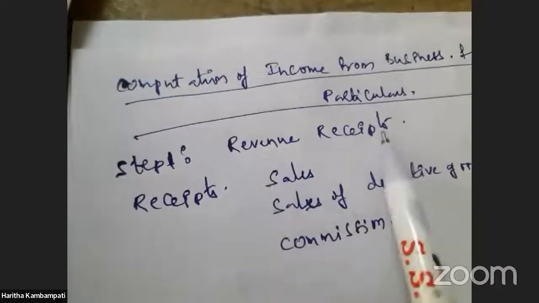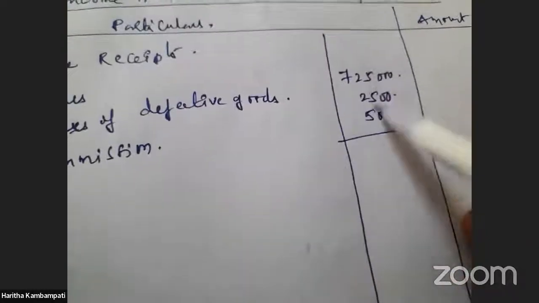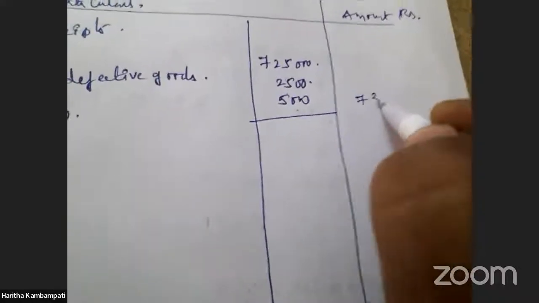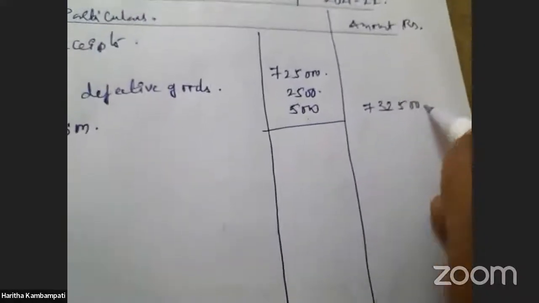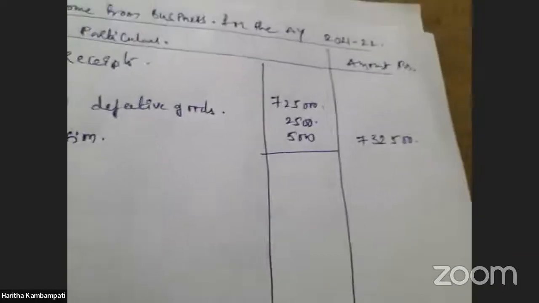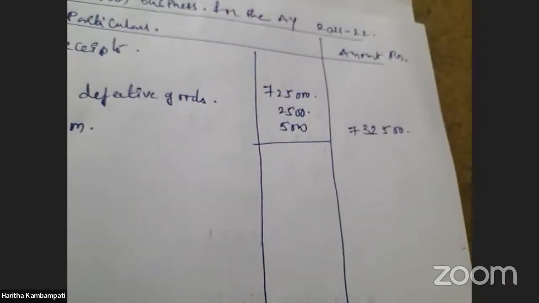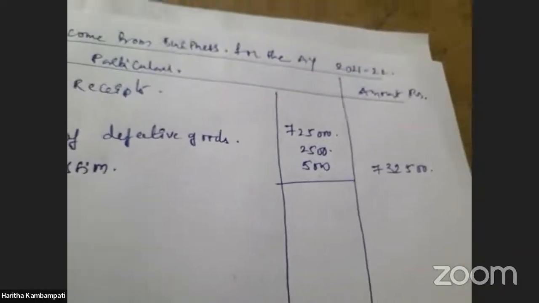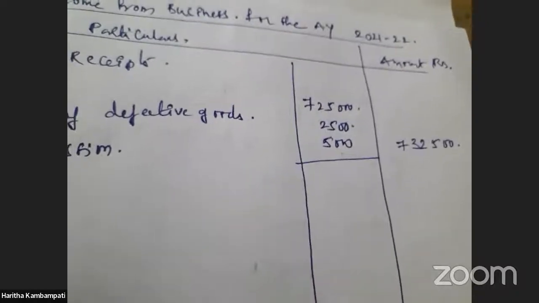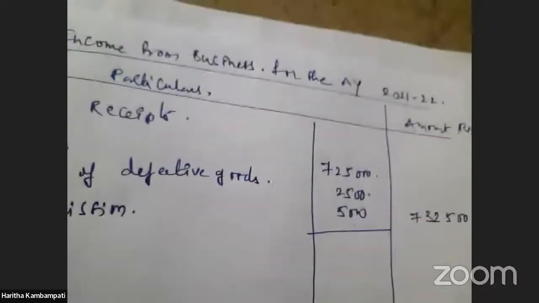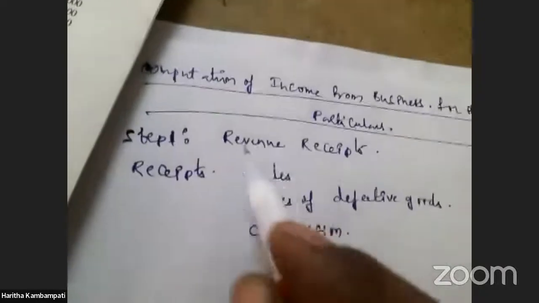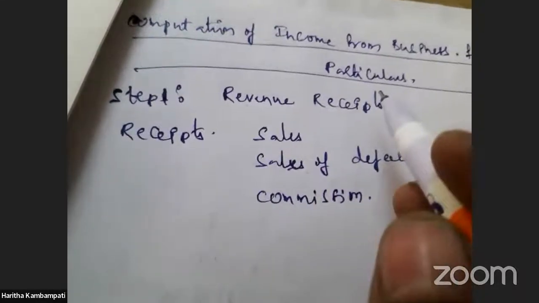What we have learned? Only taking revenue receipts, then totaling these, you will get 7,32,000 as total of these revenue receipts.